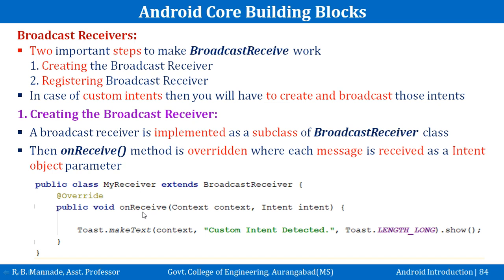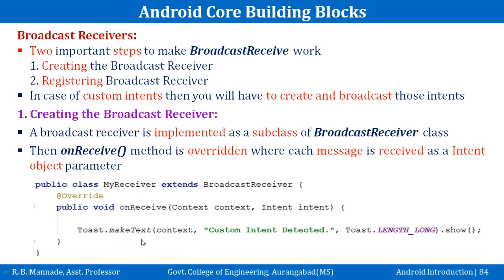Now observe the parameters of the onReceive method. It accepts the application context as the first argument, and the second is the object of the Intent class. In this onReceive method we are simply displaying a message that a custom intent is detected using the Toast class.